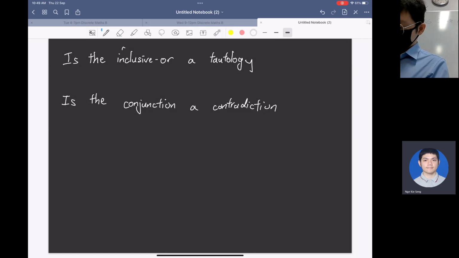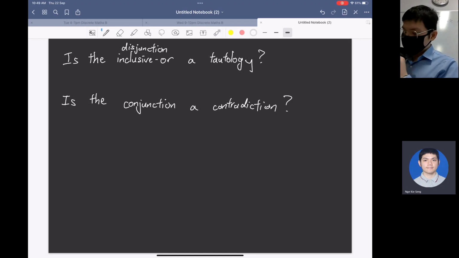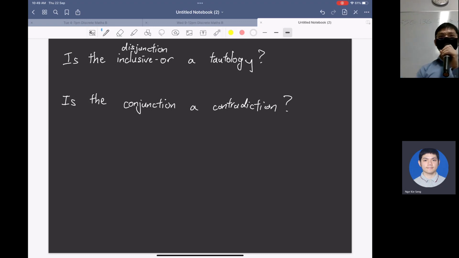Okay, maybe I turn this to disjunction so that you get a pattern here. Okay. So this is the question from Caleb. Is the disjunction a tautology? I think this is a good question. These two are good questions.